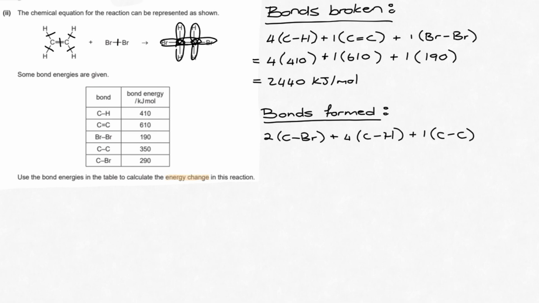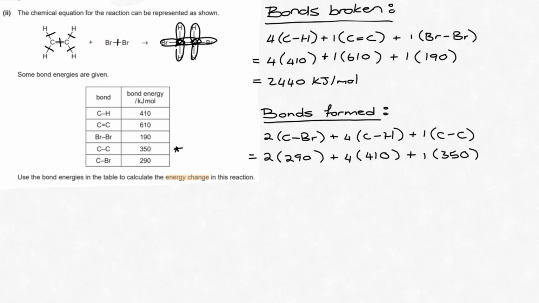Now, if I go and look on my little table, a carbon-bromine bond is equal to 290 kilojoules per mole. So I'm going to multiply that by 2. And then my carbon-hydrogen bond is 410 kilojoules per mole. I'm going to multiply that by 4. And then lastly, my carbon-carbon single bond is equal to 350 kilojoules per mole.